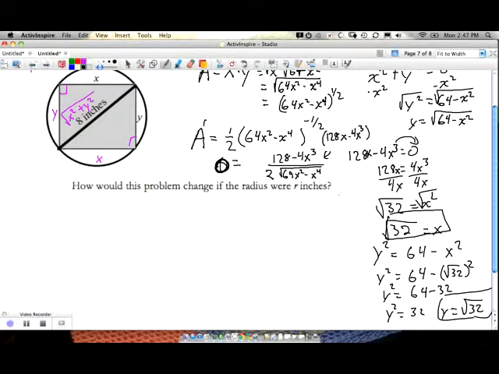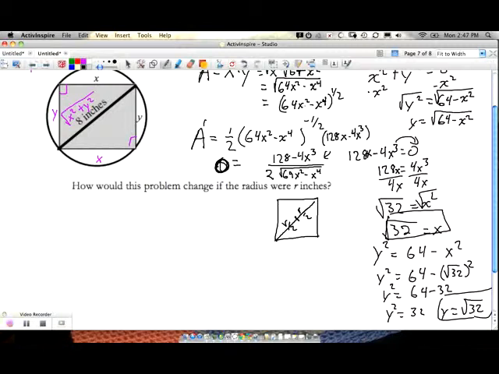How would this change if the radius were r inches? Well, we can probably assume that it's going to be symmetrical, so we're going to have a square. And if this is my diameter, then that means that this piece here is r over 2, and this piece here is r over 2.